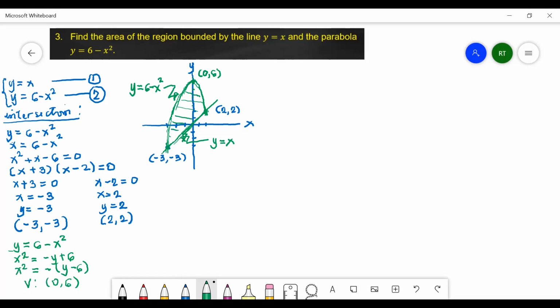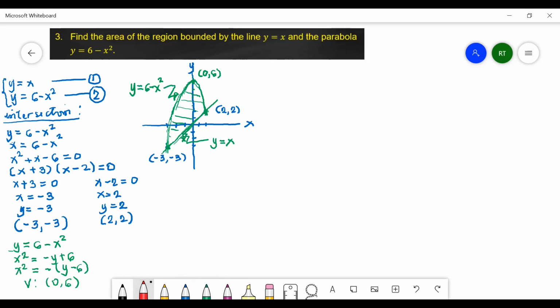Now please take note that since the region is bounded by two curves, above by the parabola y is equal to 6 minus x squared, and below by y is equal to x, we have to use the vertical element. Note that if we use the vertical element, anywhere we draw it within the region, it will always be bounded above by the parabola and below by the line.